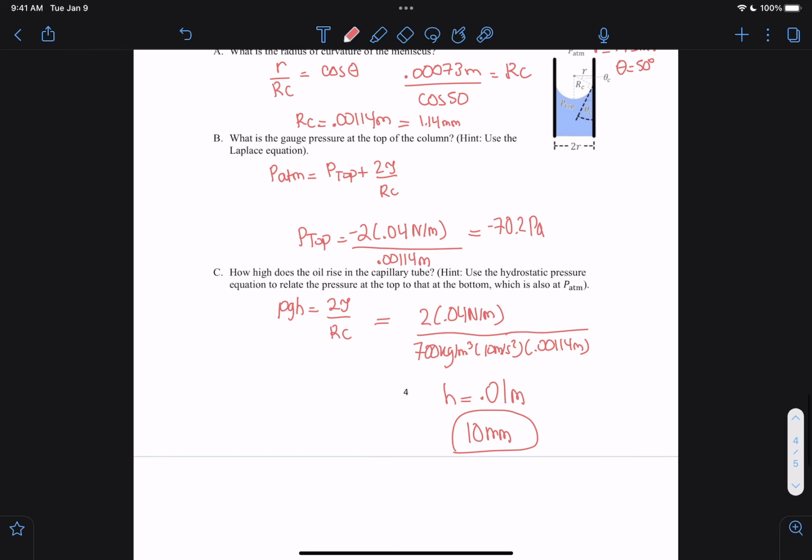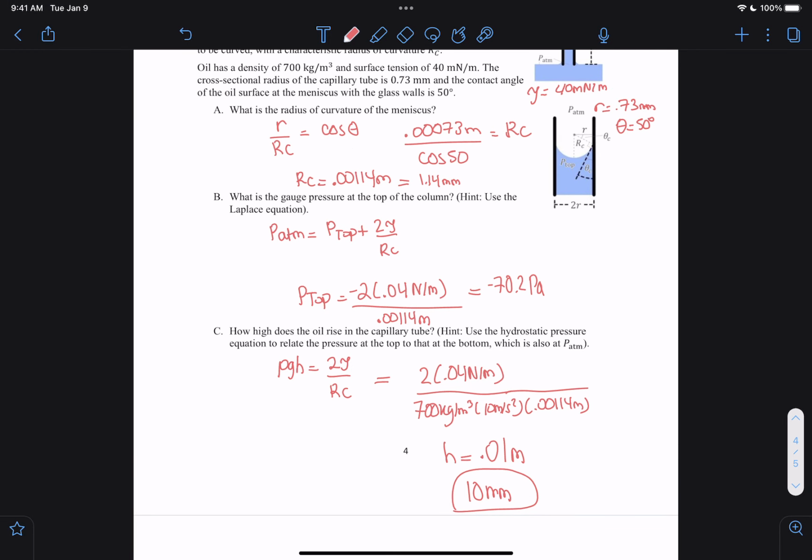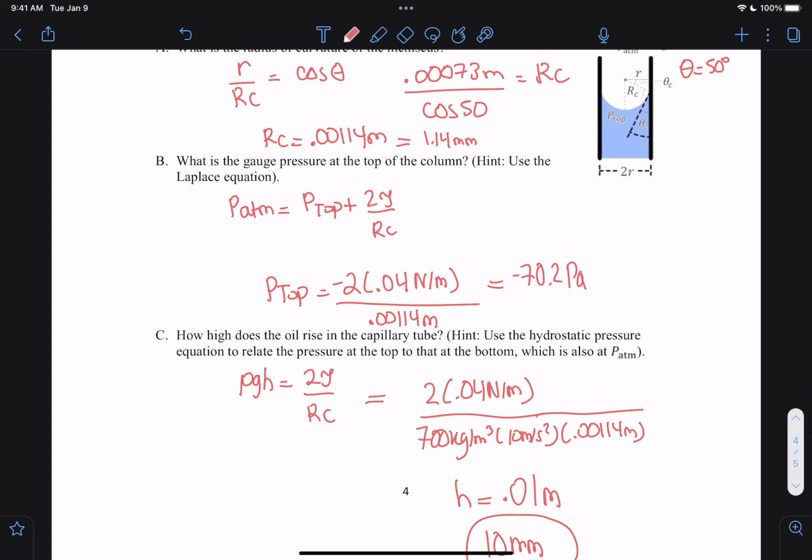Yeah. Yep, sounds good for part C as well. I think that's the gist there.